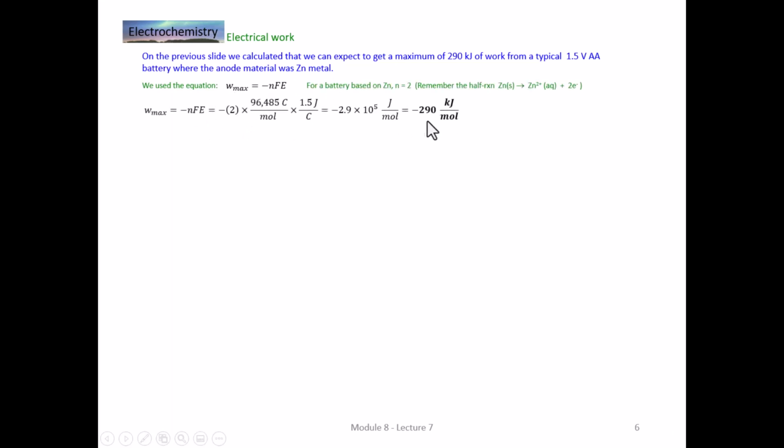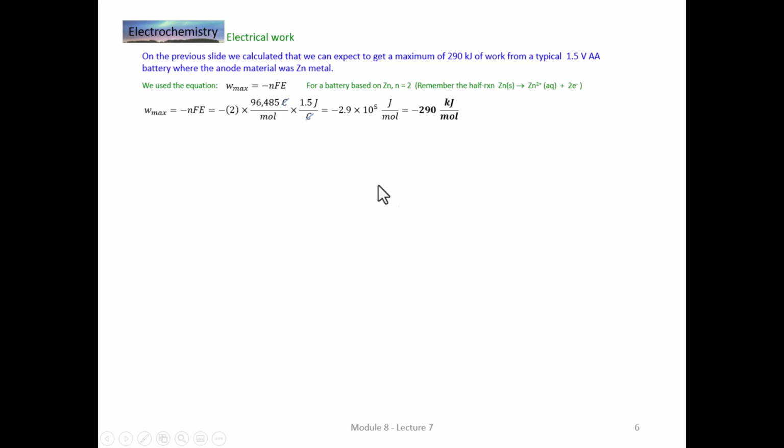I left off the minus sign here, it's just semantics, from a typical 1.5 volt AA battery where the anode material was zinc metal. And we use this equation and of course got minus 290 kilojoules per mole, because again the battery is the system doing work on the surroundings, on your device, so mathematically it would have a minus sign.